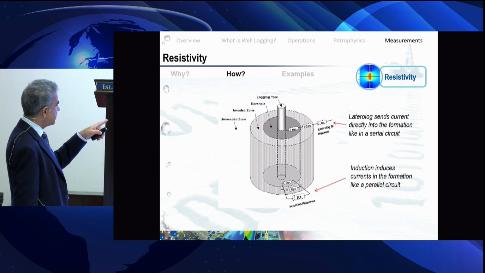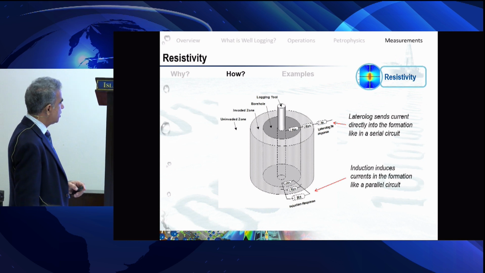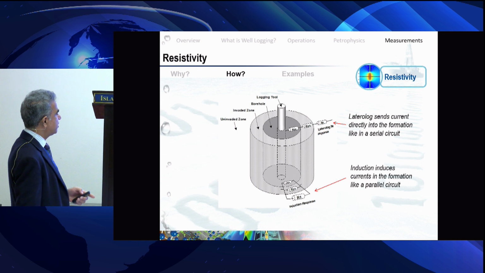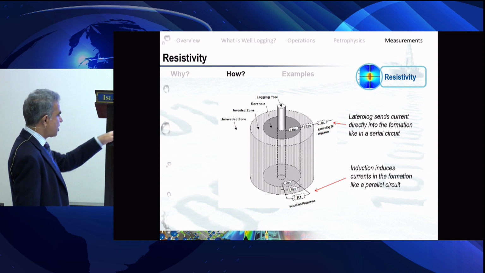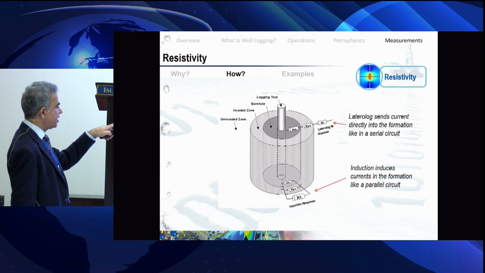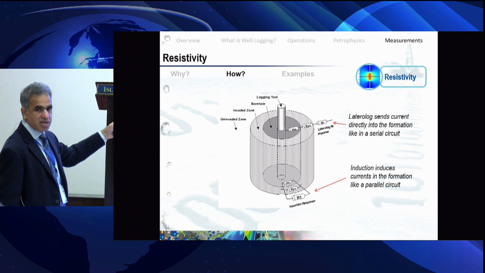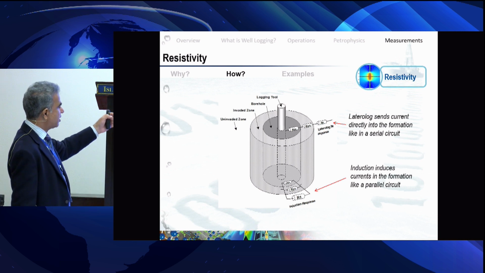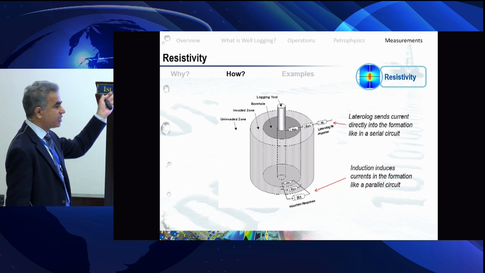If you look at this borehole, where we have tools, the induction is the bottom one. It induces current in the formation, and it's like a parallel circuit. If you have read electronics as a subject, you might see that current goes in parallel or in series.